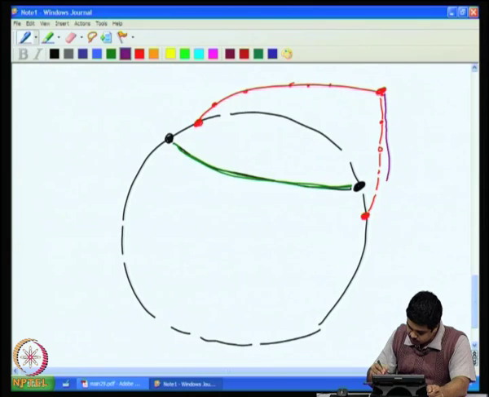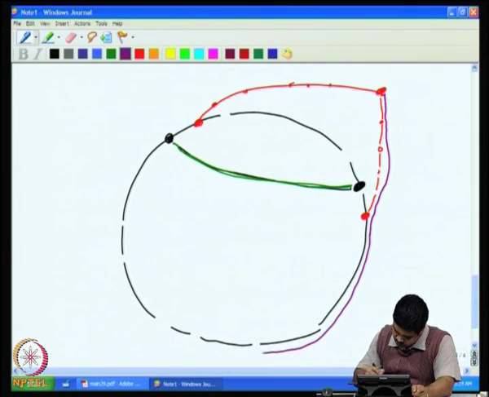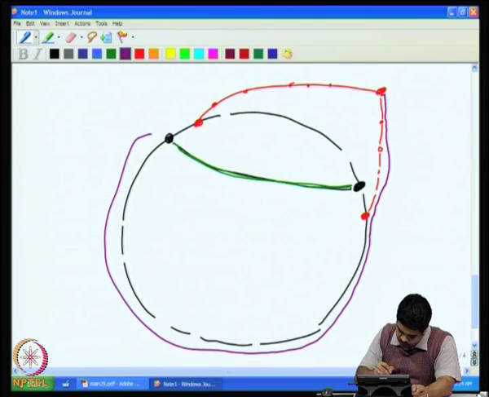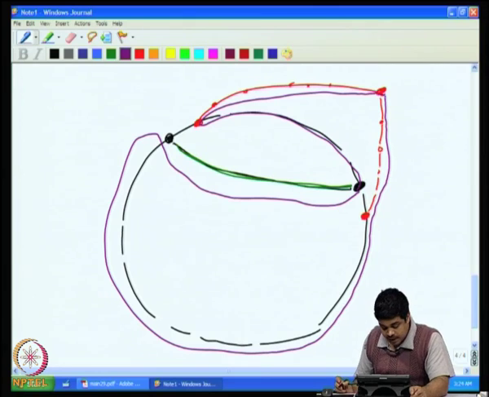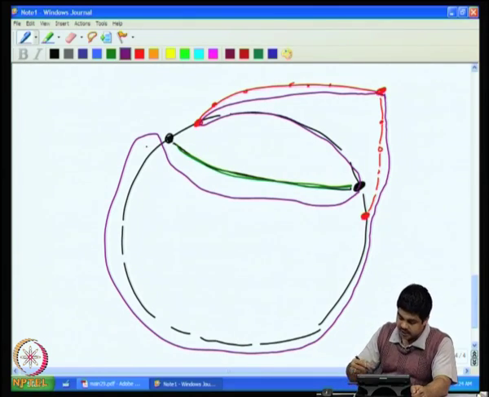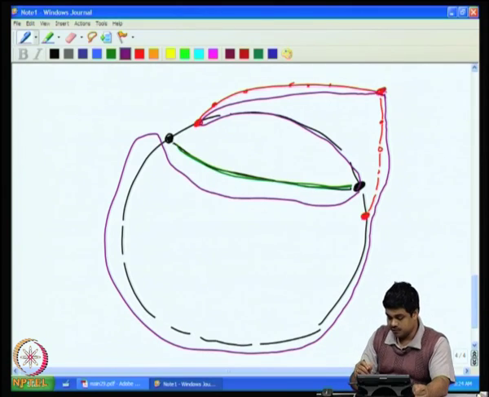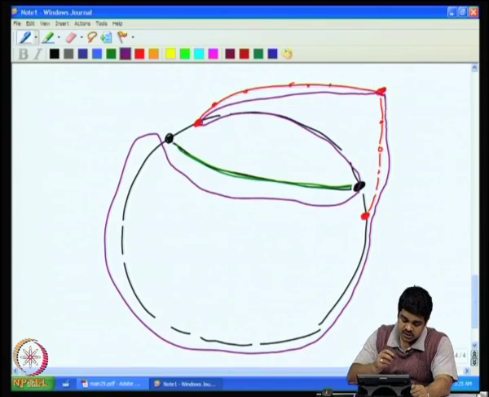We will start from here, then we will go like this, then here we will take this turn, and then here we will take this turn, and then go back here, and we will complete the cycle. So, this cycle has touched all the vertices of the old cycle and also included this new vertex. Therefore, this is a bigger cycle, and it is a contradiction to the assumption that the old one was the longest cycle.